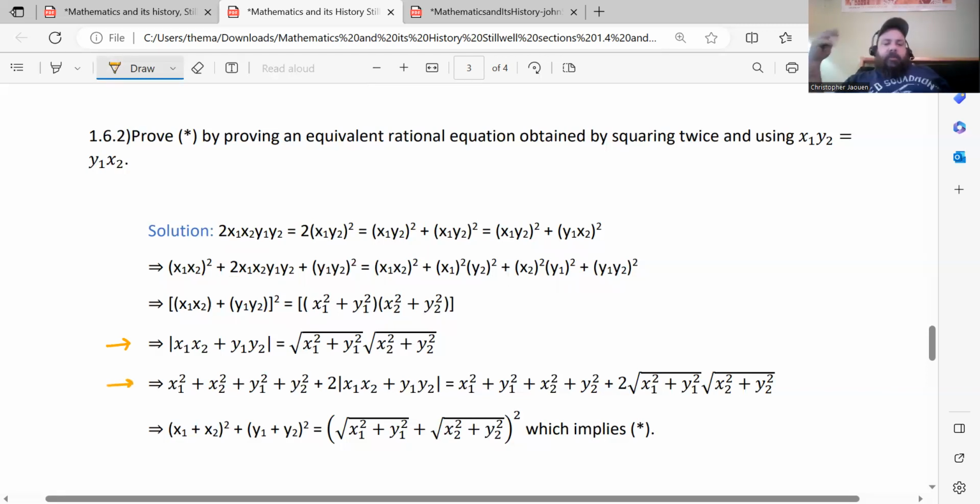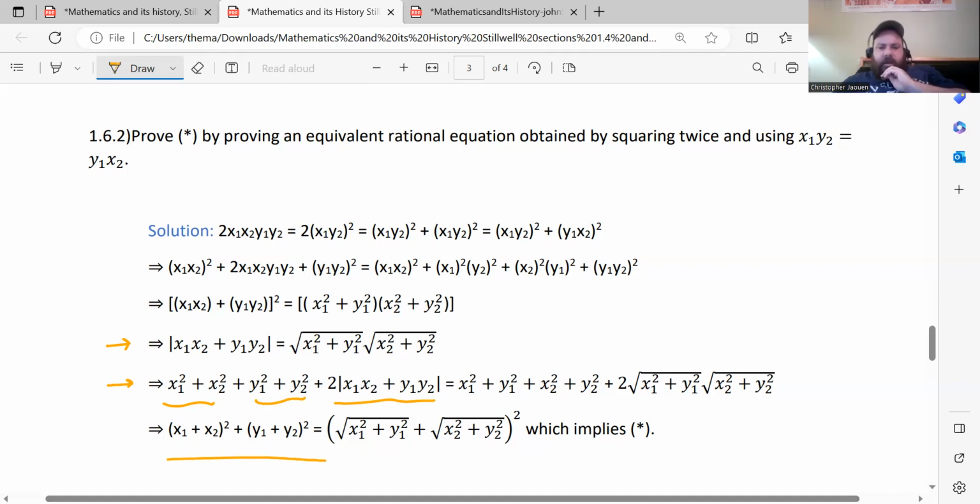Okay, and from there, what did I do? Did I square both sides? I squared both sides. Sorry, let me just see. I did this a long time ago. I see. So here, this part here is the square of this expression here.